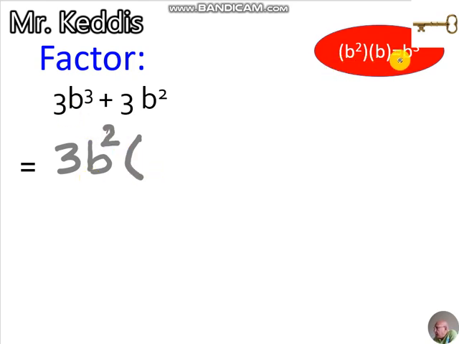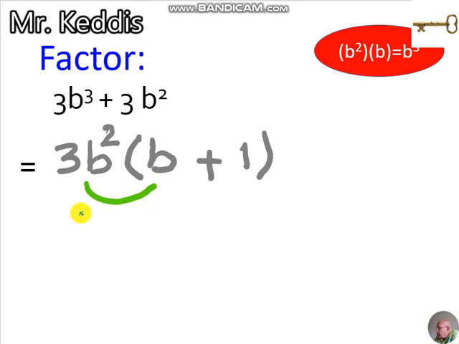Because b squared times b, I get b to the third power. I mean, I have to write b here. Plus 3b squared times what to get 3b times 1. And 3b squared times b, you get 3b cubed. 3b squared times 1, you get 3b squared.